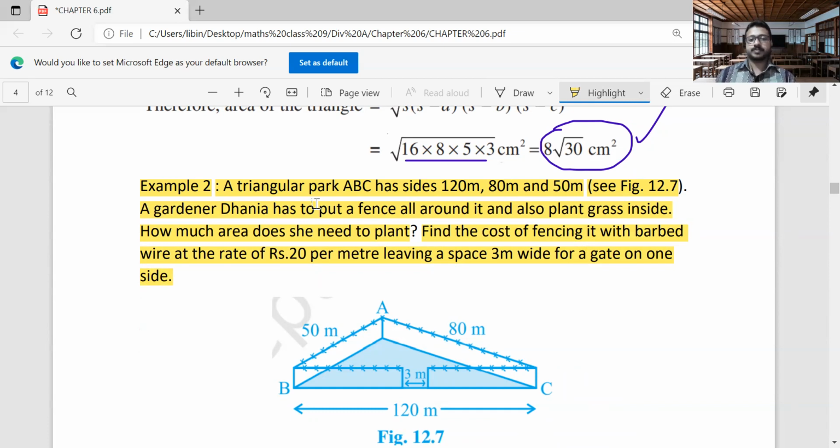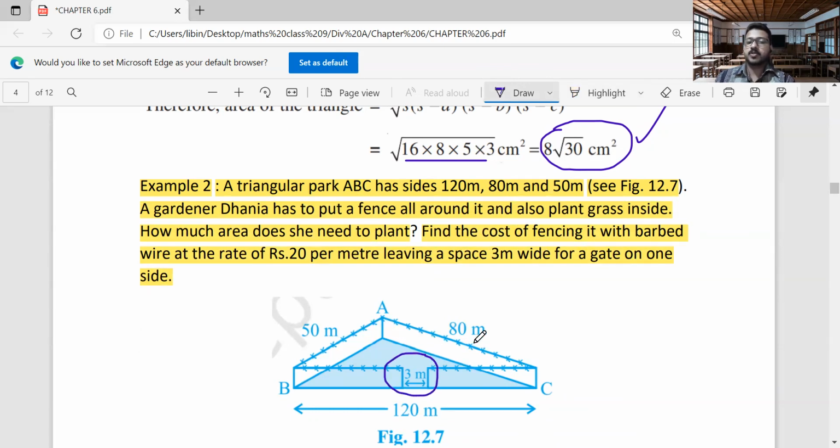Again, I will explain. You are given a triangular park having these sides. This is the length of our sides. Now, Dhania is the gardener. She wants to put a fence all around the triangular park. In order to put a fence around it, we should leave a small part, that is this part.